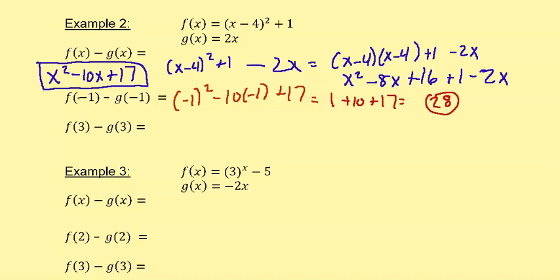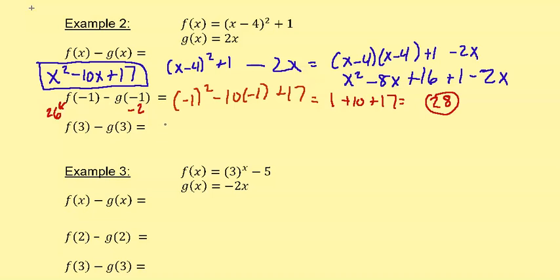You could also find these individually. F of negative 1, you would plug in negative 1 for x in this first function, and you would get 26. And the g of negative 1, you'd plug in 2x in there, and you get negative 2. 26 minus negative 2 is like 26 plus 2. That's 28.